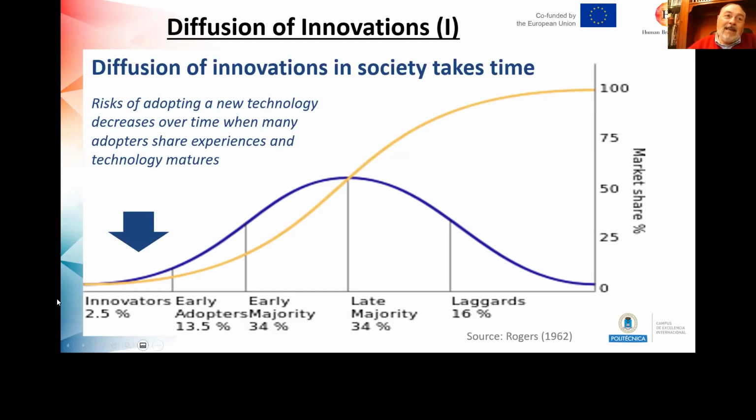What is the shape of the curve in your country or in your region or in your institution? Maybe they are not the same. Maybe the peak will be more to the right side or more on the left side. And then obviously it refers to the attitude for innovation. There is also a cultural trend to understand the behavior.